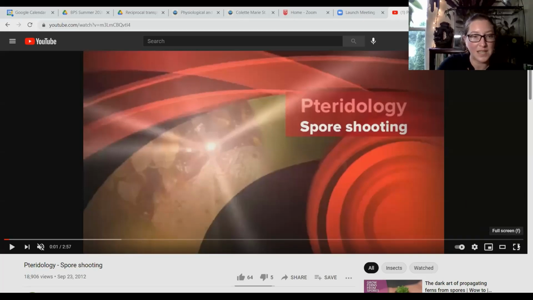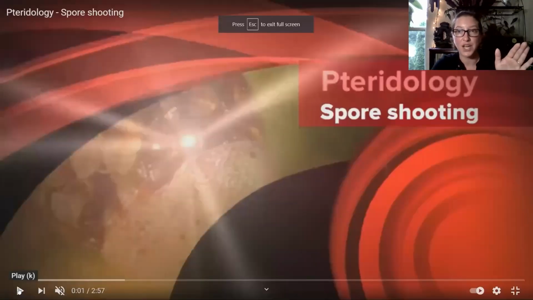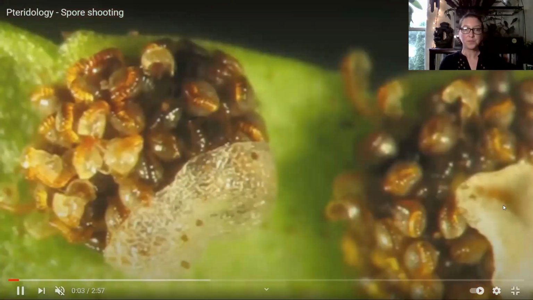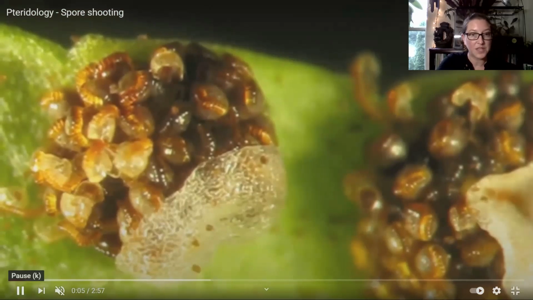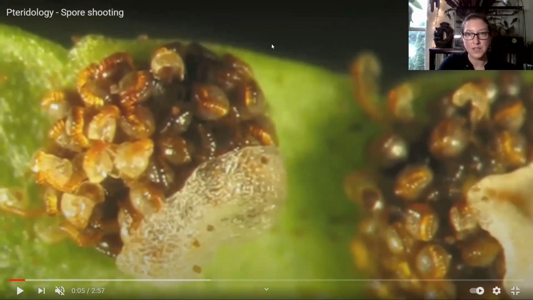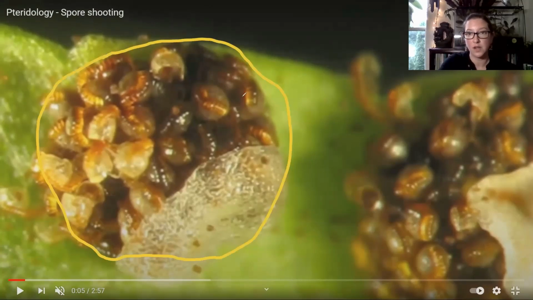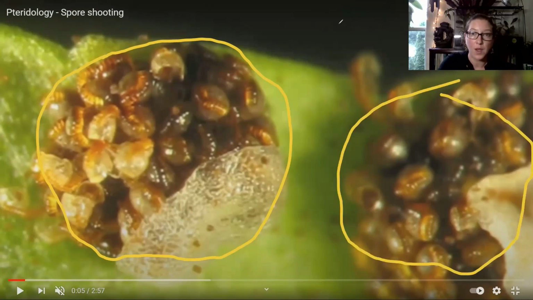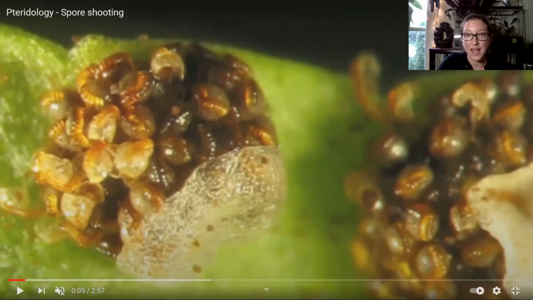So here we're going to see fern sporangia shooting their spores like catapults. All right, so I'll just pause real quick. So this here is one sorus, and on this side we see two sori, right? And this species happens to have an indusium.